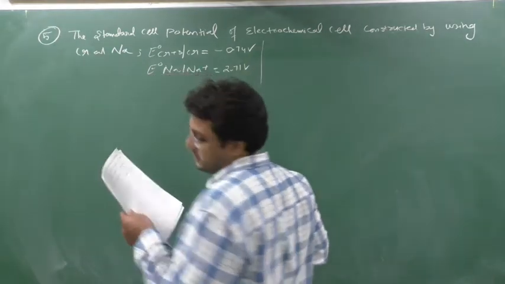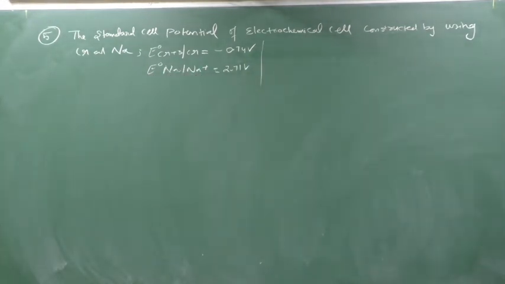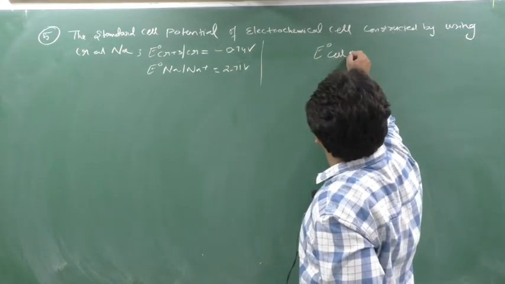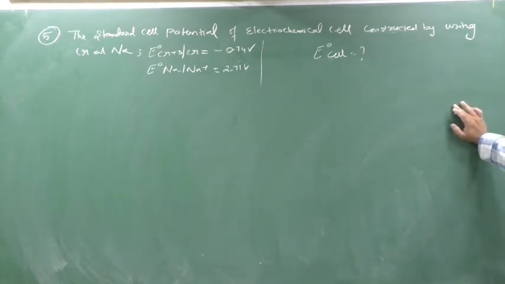Okay, and the question remains the same. Write the cell representation, symbolic representation, and calculate E naught cell. First, what do you do, beta? Pause, write down the question: calculate E naught cell, cell representation and symbolic representation.